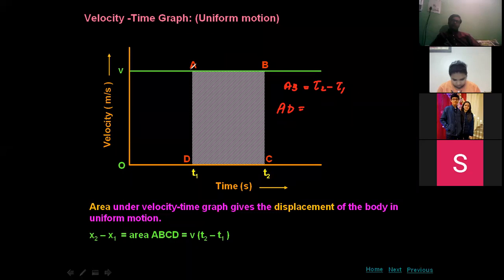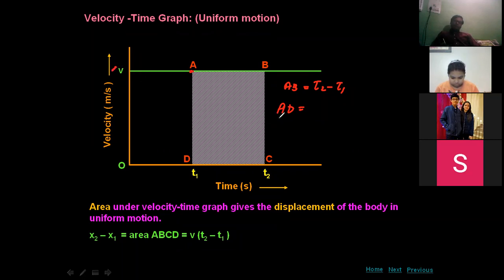I have calculated one side AB. AB is final T minus initial T, that is T2 minus T1. Now we have to calculate side AD or BC. So what should be the value of AD or BC? The final point is A with respect to the origin.